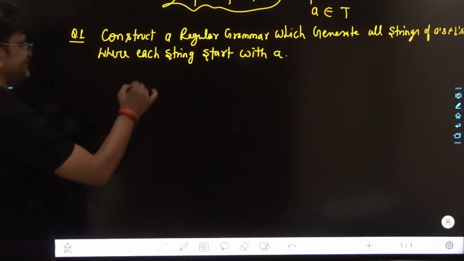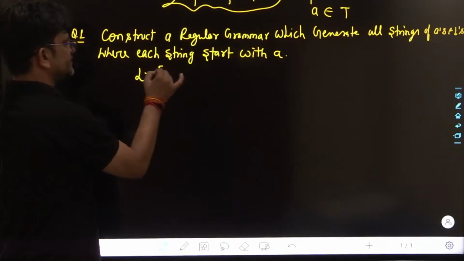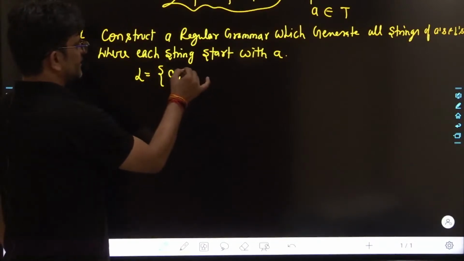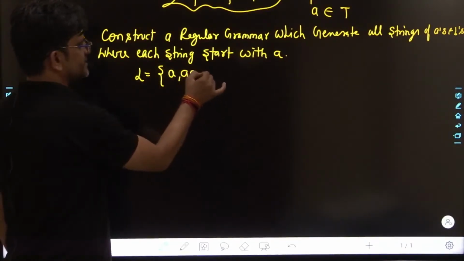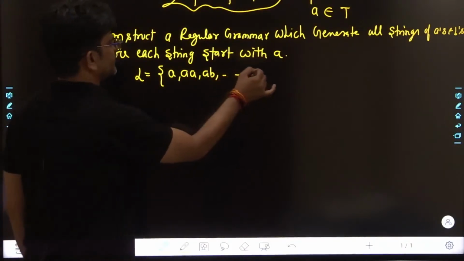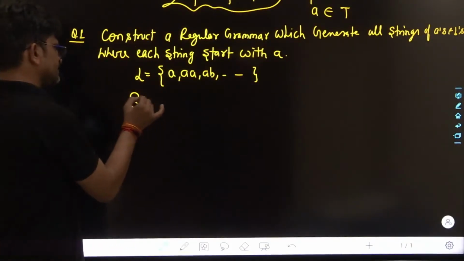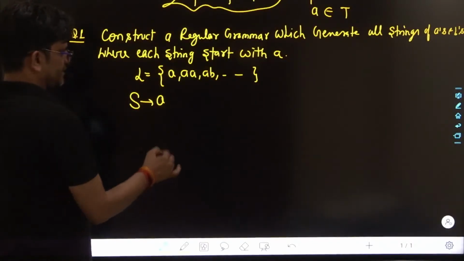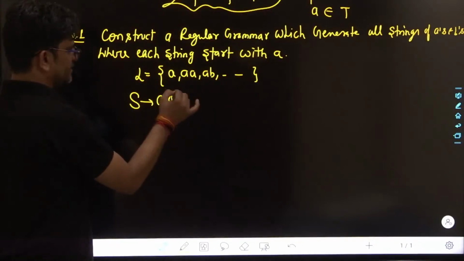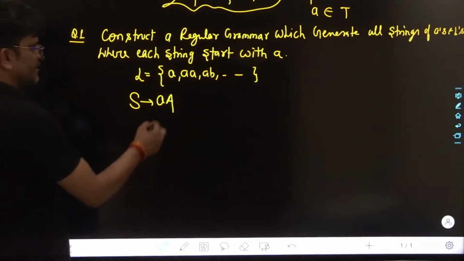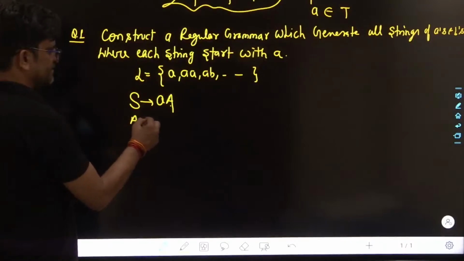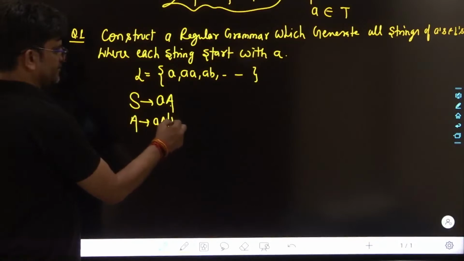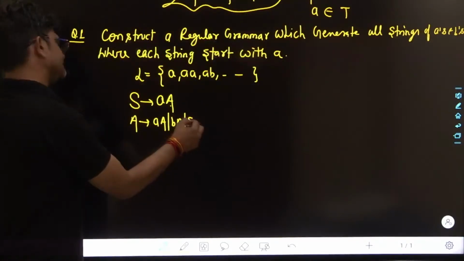So see, what is the language? Start with a. It means single a is present, aa is present, ab is present, and many more. So S is our start symbol. It generates a and another variable capital A. Now this A generates aA, bA, or epsilon.